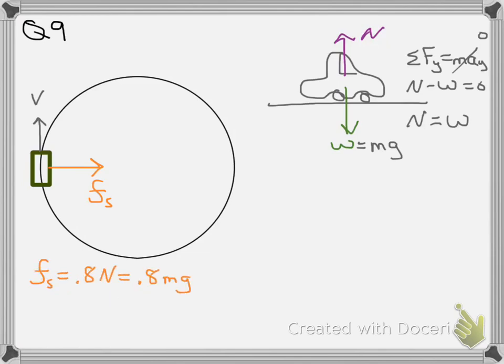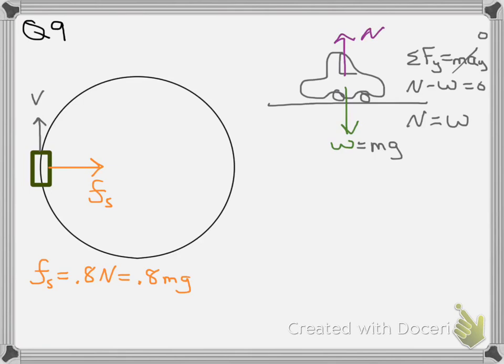So that means our static friction force has to be somewhere between 0 and the value of the normal force. For rubber tires on an asphalt road, the average or standard, most common value of the coefficient of static friction is 0.8, or 80% of the normal force.